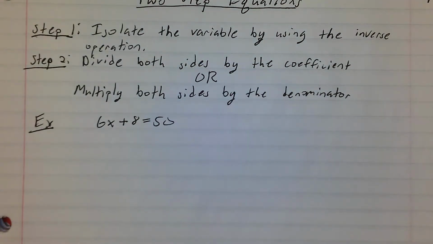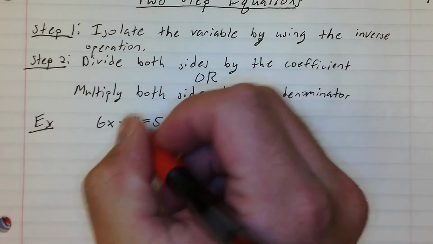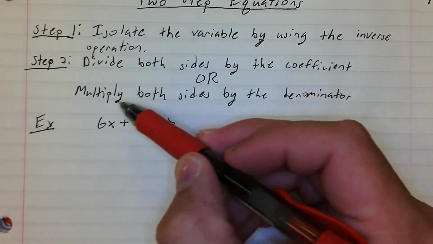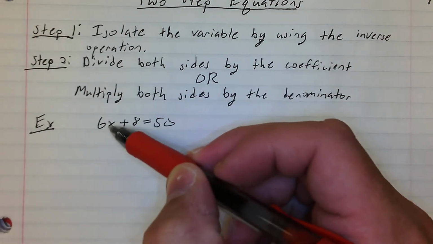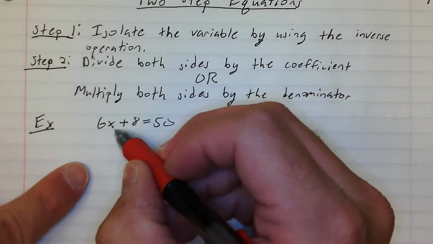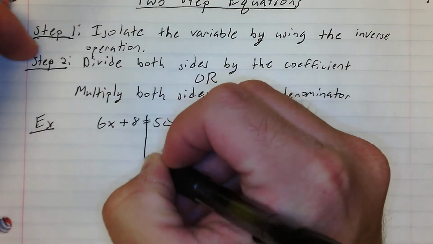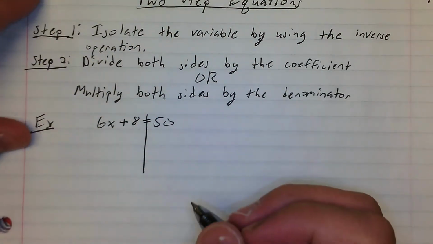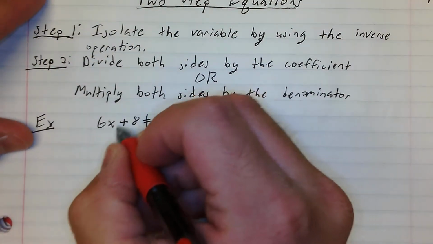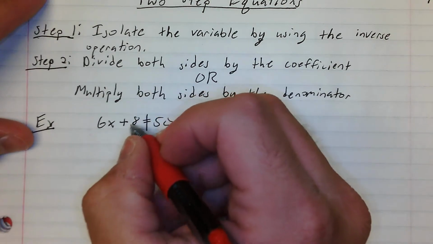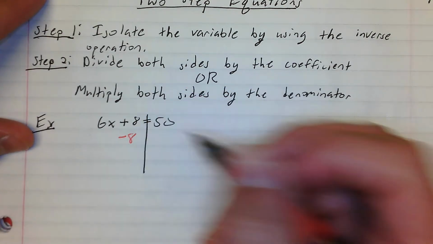So it's a lot easier for us to work with the addition and subtraction first before we start working with something that's being multiplied or divided. Alright, so I actually want to keep the 6x and I want to get rid of the plus 8 first. So the inverse operation of plus 8 is to subtract 8.